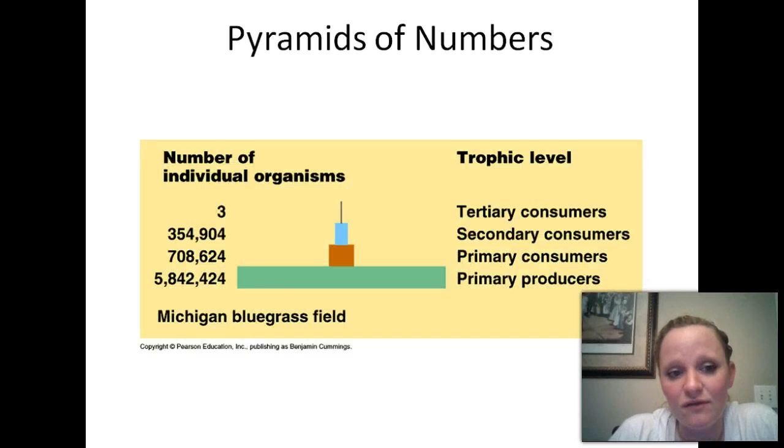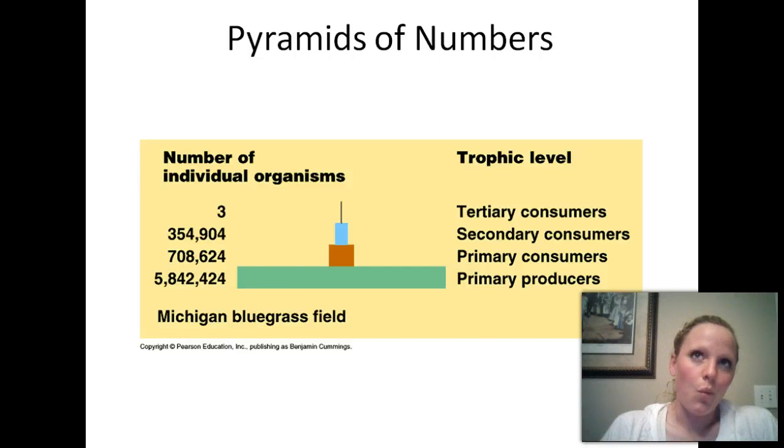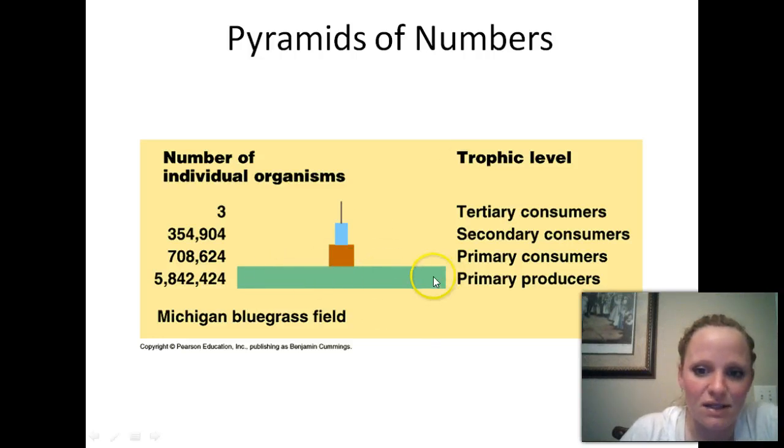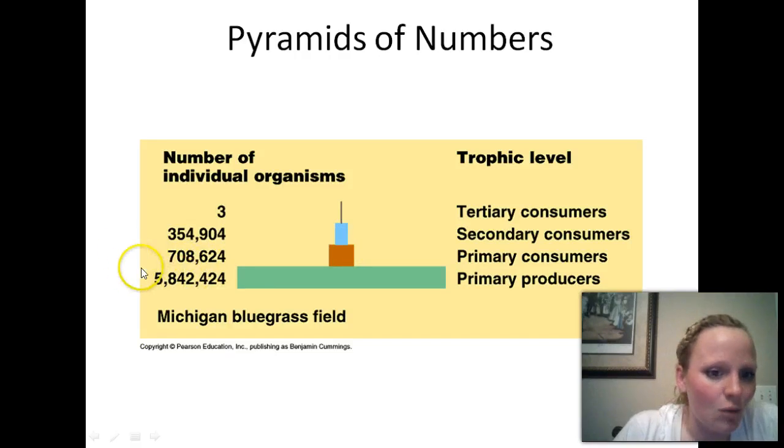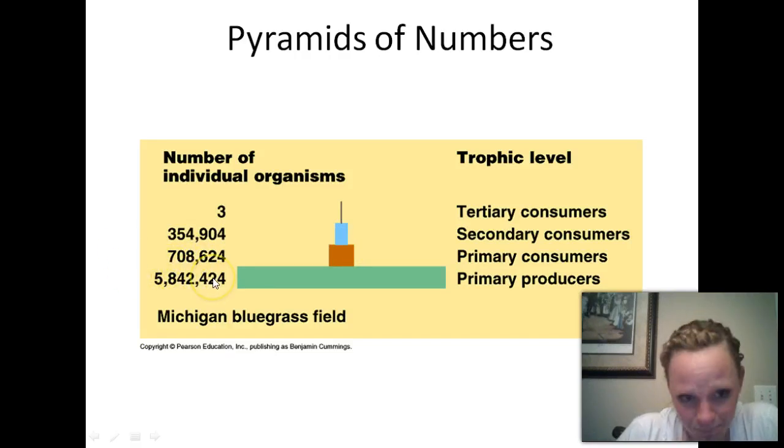The last one is a pyramid of numbers. This is just another way to kind of show you why the 10% rule has to be there. You can look at the number of species that might be present in their primary producers box here. It's going to be close to almost 6 million. And then how many species are present as primary consumers? Again, almost 10% there.